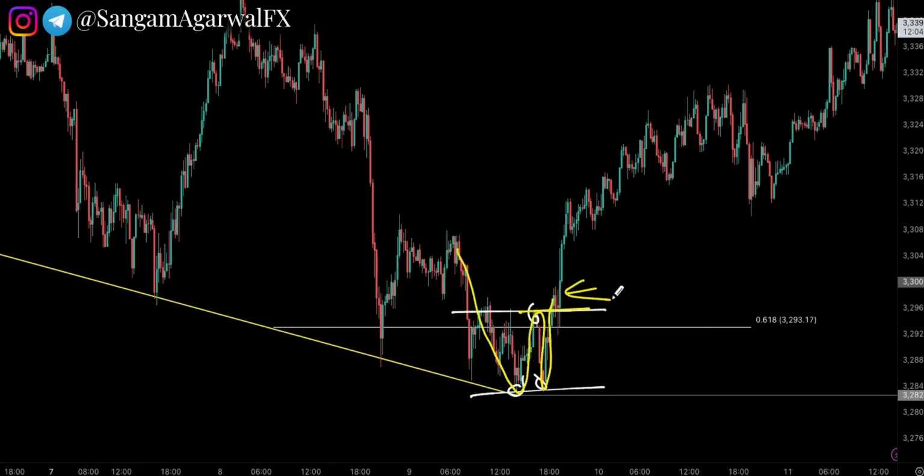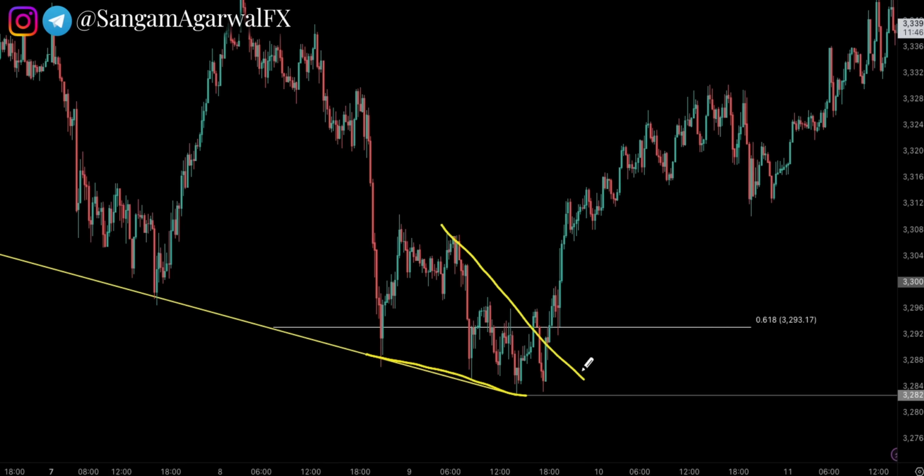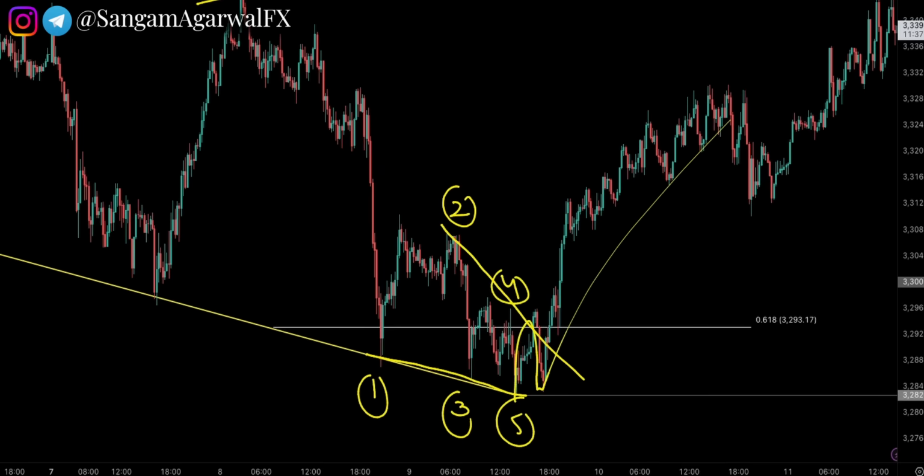You start buying on breakout, put SL below 3084. Even if you apply Elliott wave theory, visually you can see that was an ending diagonal chart pattern from this area. Wave 1, 2, 3, 4, 5, then a double bottom and the market starts going up again.